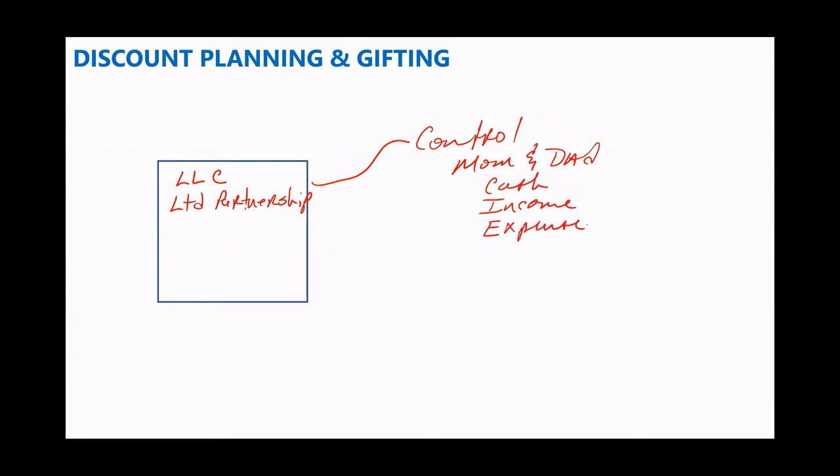But really what we're looking at is we want control to go to mom and dad, or whoever the senior generation is. And out of that control, we want them to control the cash, where the investments go, who recognizes the income tax, and who gets to account for the expenses.